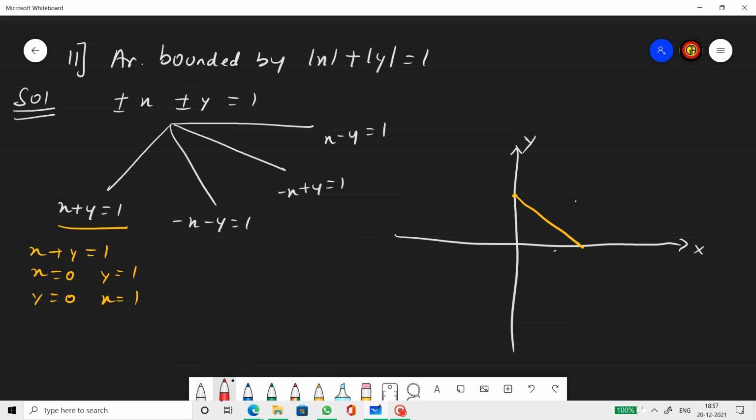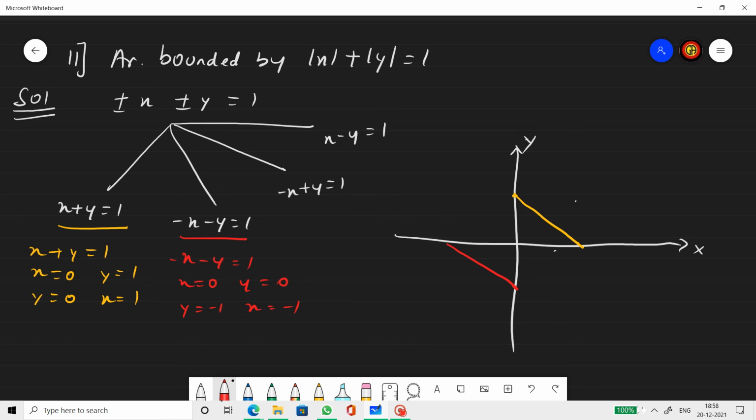Likewise for the next one, minus x minus y equals 1. When x is 0, y equals -1, and when y is 0, x equals -1. So x negative and y negative. So the line will be like this.